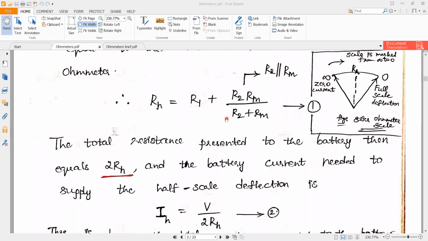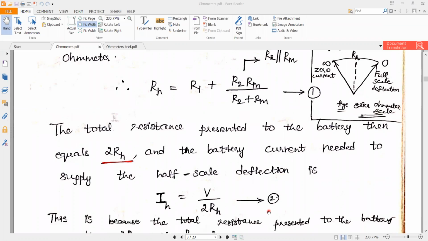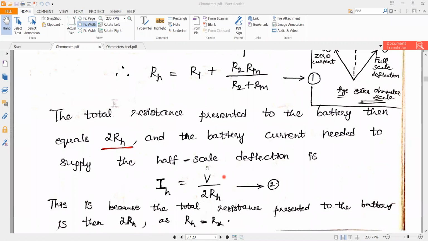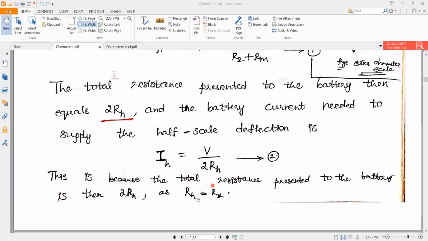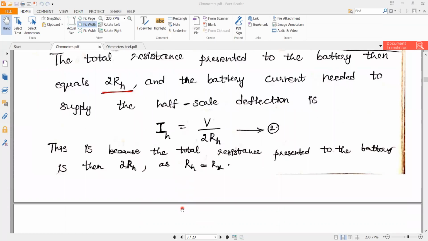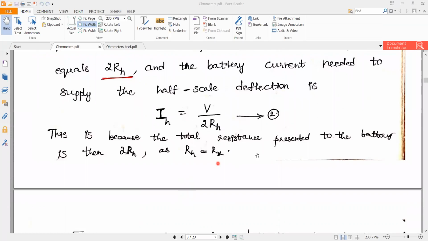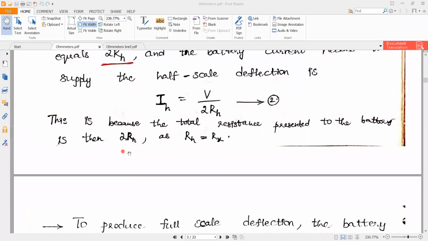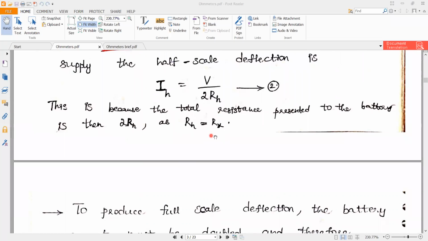First equation: half scale resistance RH is equal to R1 plus R2 parallel to Rm. Let it be equation 1. Next, total resistance across this battery is given as 2RH here. Therefore, the half scale deflection current is given as IH is equal to V by 2RH, because the total resistance present to the battery is 2RH, as RH is equal to Rx here.